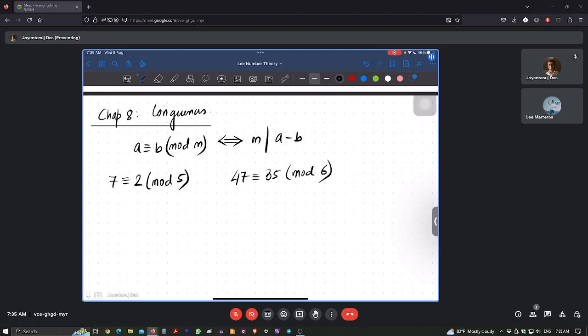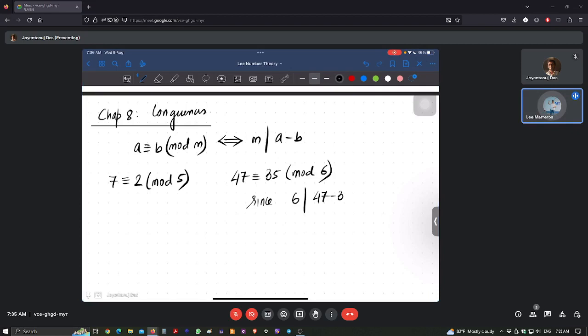This is also true because 47 minus 35 is divisible by 6.